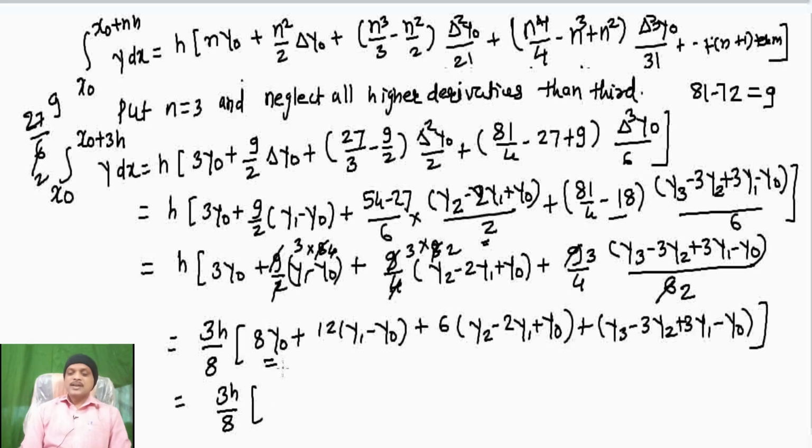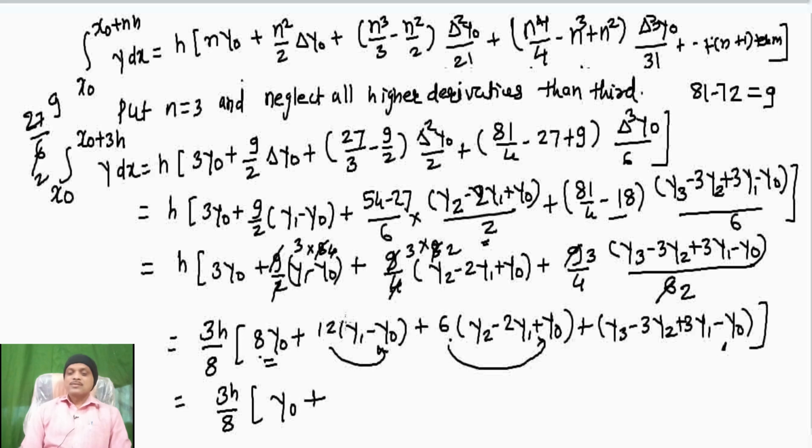Look at this: 8y0 minus 12y0 plus 6y0 and minus this y0. So 8 and 6 is 14, 14 minus 12 is 2, and this minus 1, so we get y0.